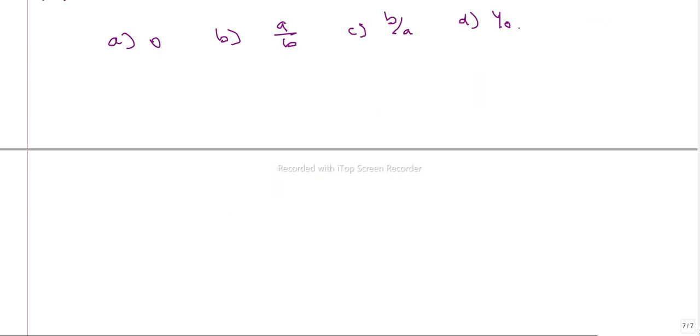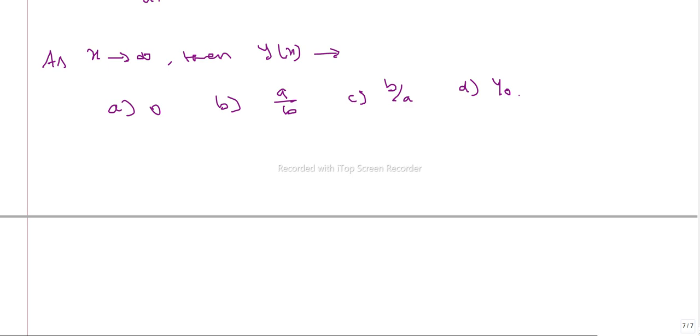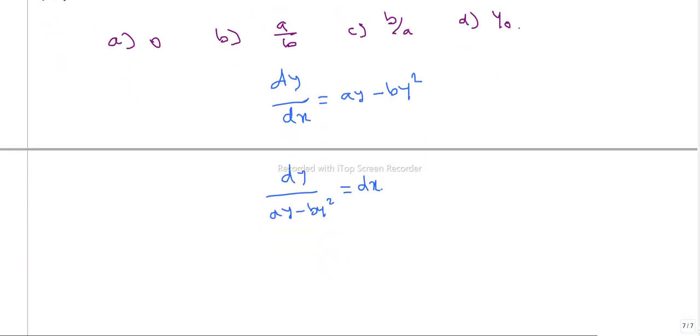If we just cross multiply the given equation, dy by dx equal to ay minus by square, we have dy by y terms, that is ay minus by square, equal to dx. Again you can take y outside from this denominator, we have dy by y into a minus by equal to dx.